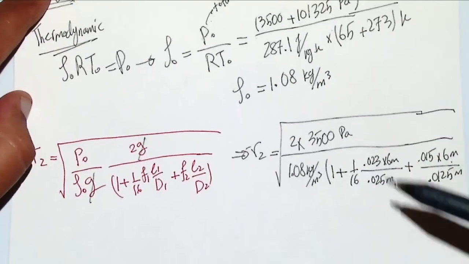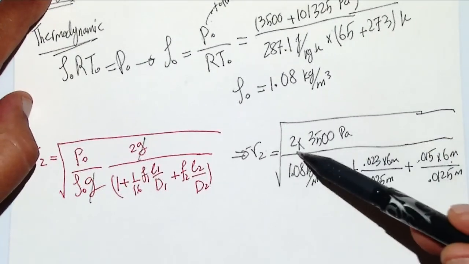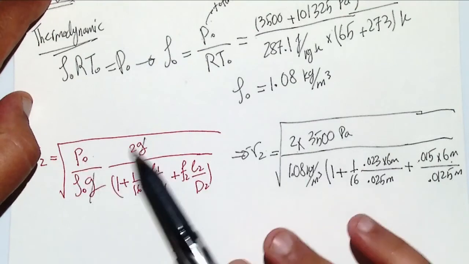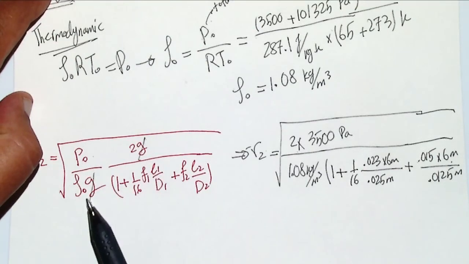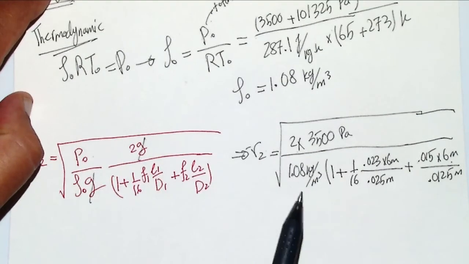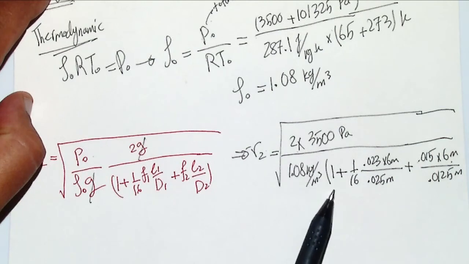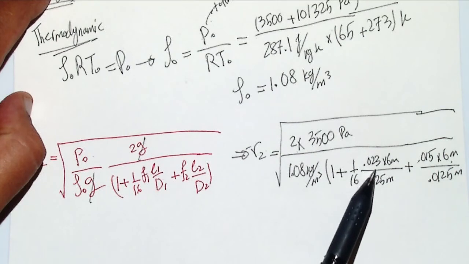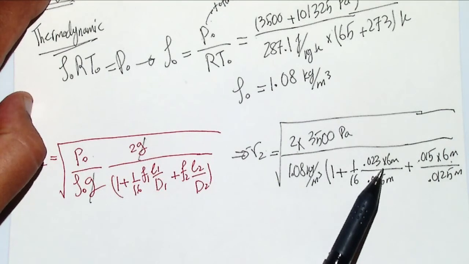That's V2, 2 times P0 from here. Rho you calculated up, so it's going to be 1.08 kilogram per meter cube, times 1 plus 1 over 16 times 0.023, which is your F1, the friction factor for the first one, times 6 meter, which is the length of the pipe.